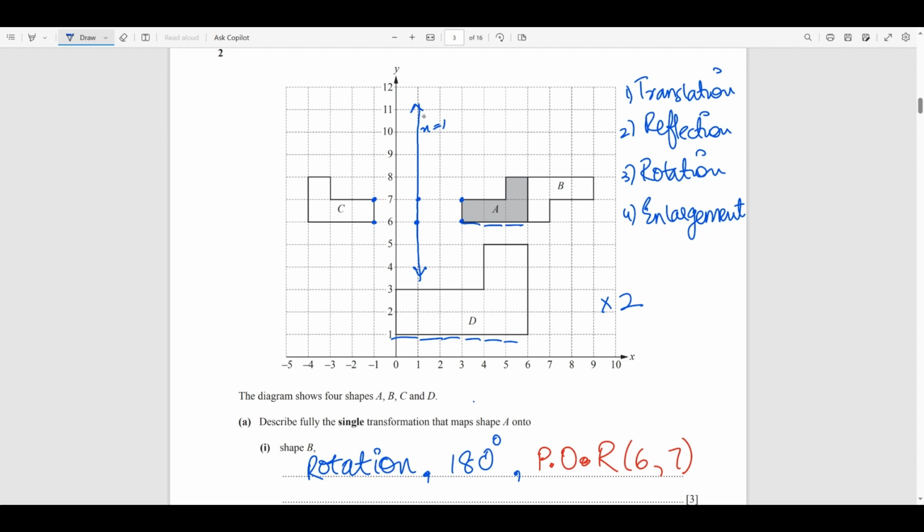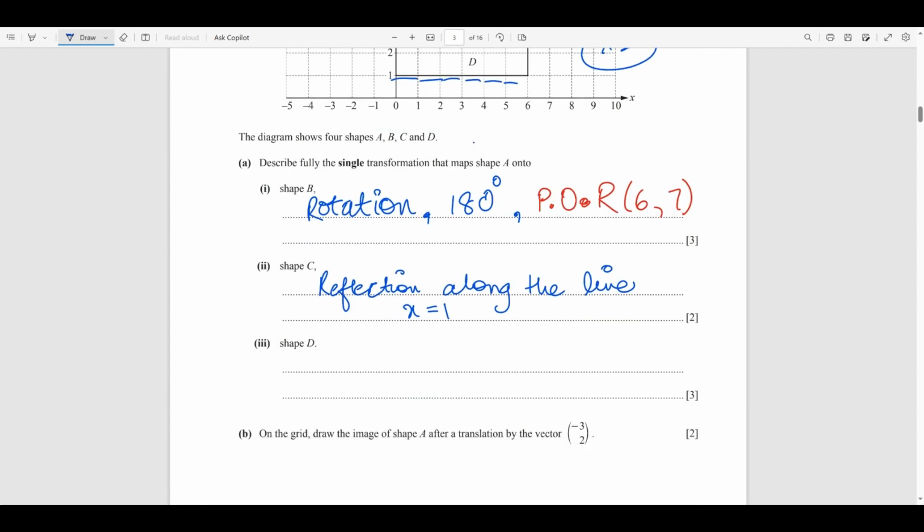So the scale factor is 2. And then you will have to say that this is enlargement, 3 marks: 1 mark for identifying this as enlargement, the second mark for the scale factor, and the third mark for the center of enlargement.